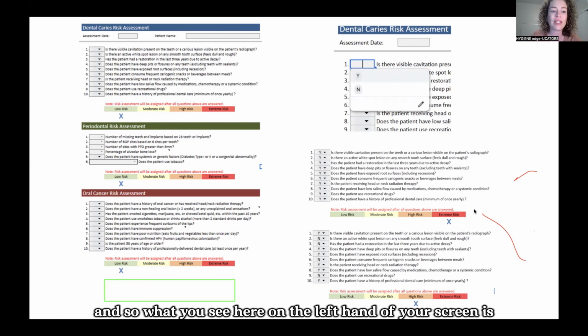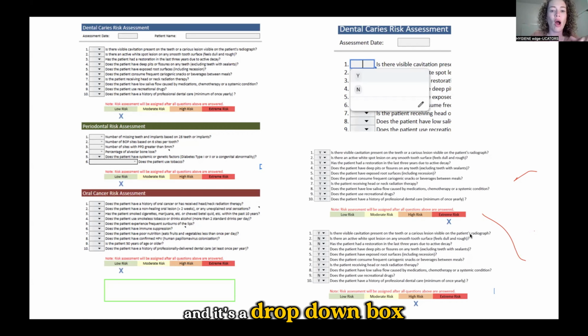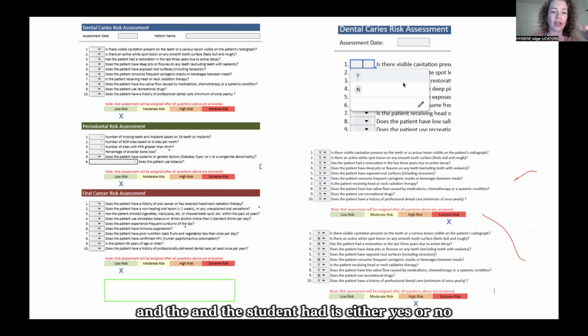On the left-hand side of your screen is the list of questions that we ask our patient population, and it's a drop-down box, and the student answers either yes or no, and then it will auto-populate the risk for you.